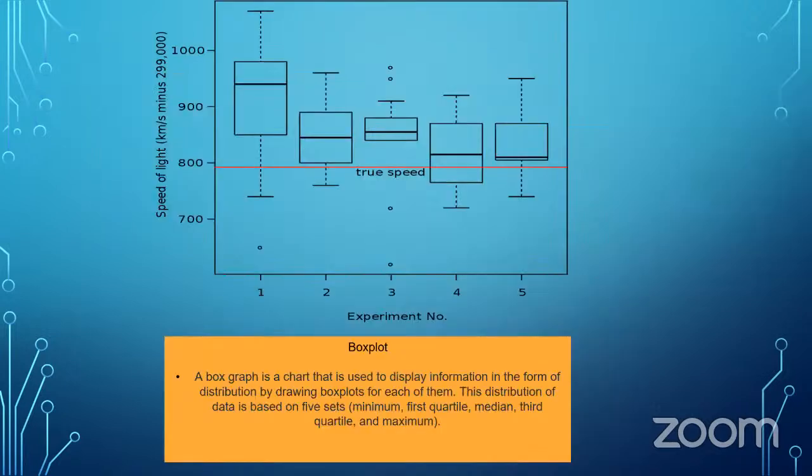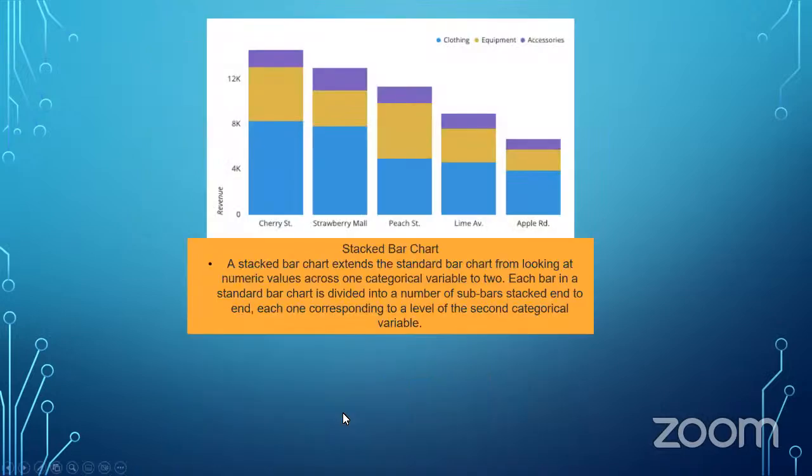Following the percentage. And this is the box-whisker plot. Box plot is a chart that is used to display information in the form of distribution by drawing a box plot for each of them. This distribution of data is based on 5 hinges.